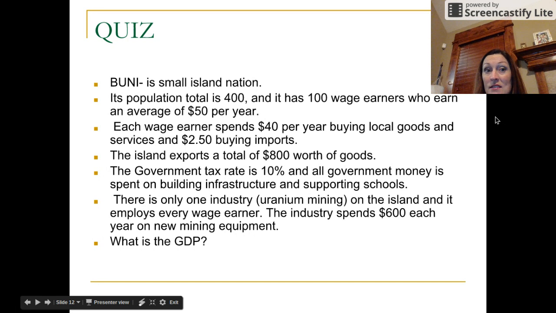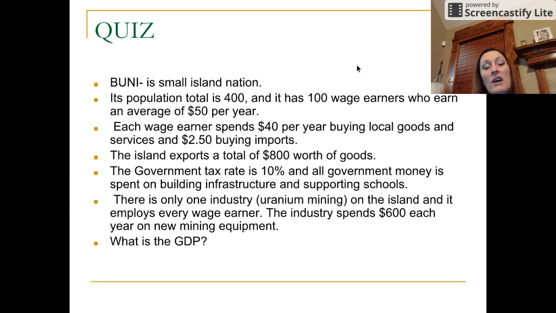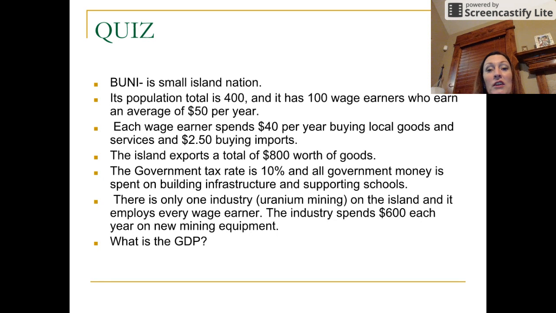So, quiz. Brunei is a small island nation. Its population total is 400, and it has 100 wage earners who earn an average of $50 per year. Guys, this is made up. Each wage earner spends $40 per year buying local goods and services and $2.50 buying imports.